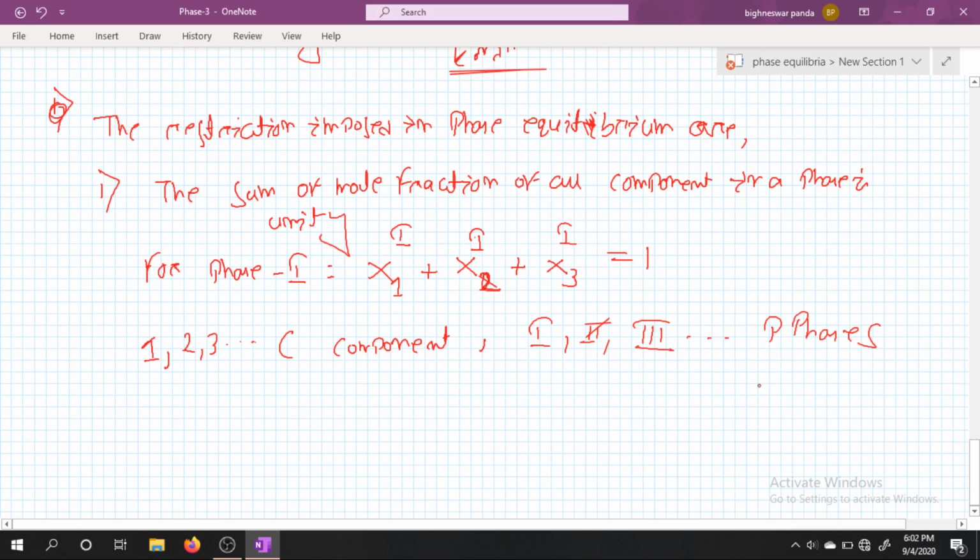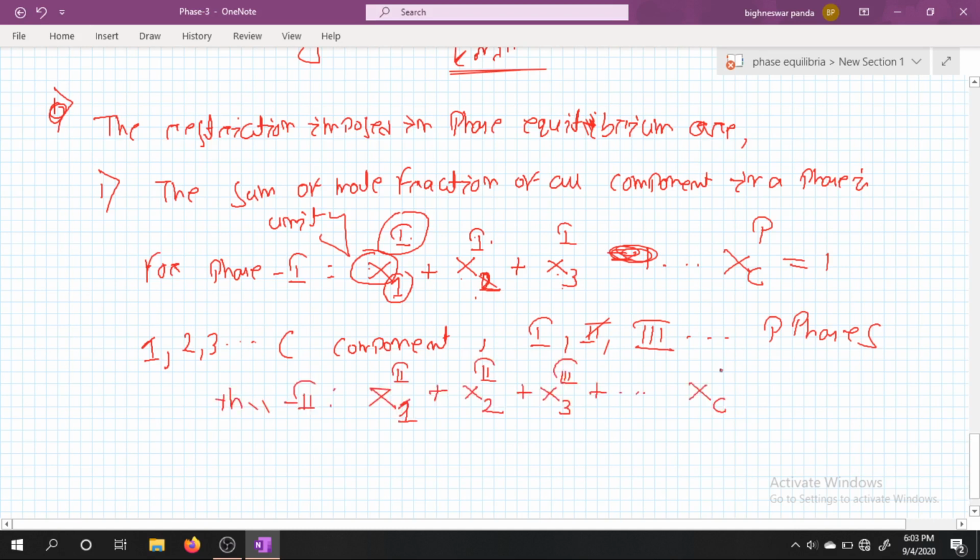should be equal to 1. Similarly, if I am considering phase 2, I am writing here mole fraction of component 1 in phase 2 plus mole fraction of component 2 in phase 2 plus mole fraction of component 3 in phase 2 plus dot dot mole fraction of component C in phase 2 equal to 1.